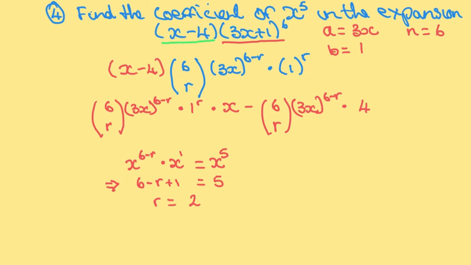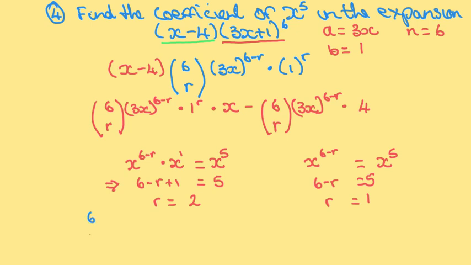On the right hand side, I've got x to the power of 6 minus r must equal x to the 5. Again, because the bases are the same, 6 minus r equals 5. Therefore, r equals 1.